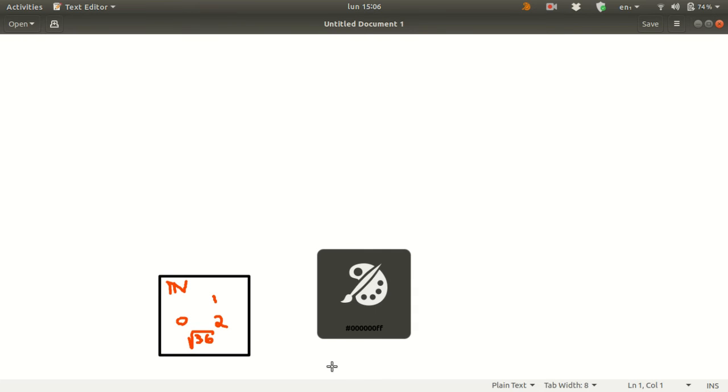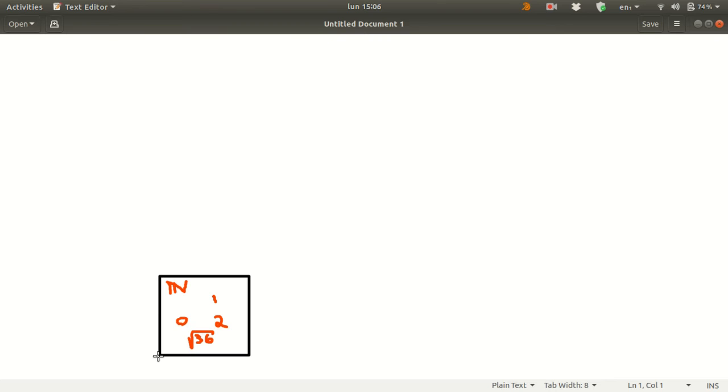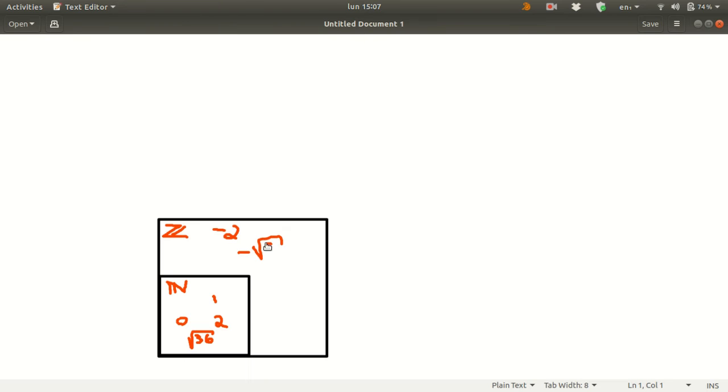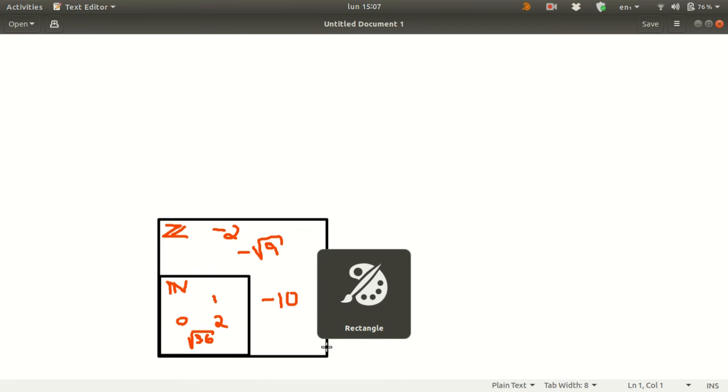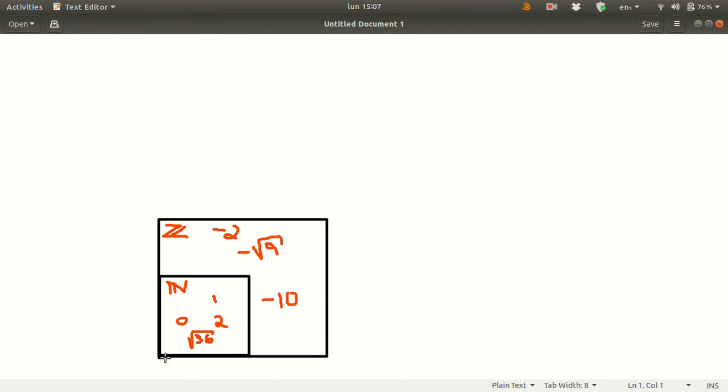The next set we're going to look at is the set of integers. All of the natural numbers are integers. Some other elements of this set are -2, negative square root of 9 because it is equal to -3, and -10.